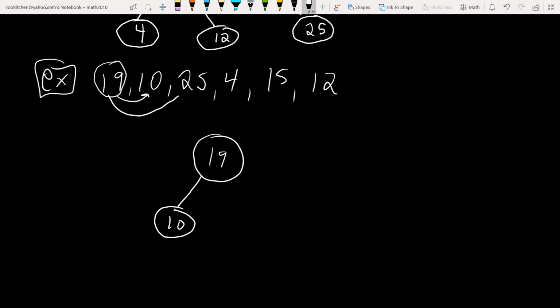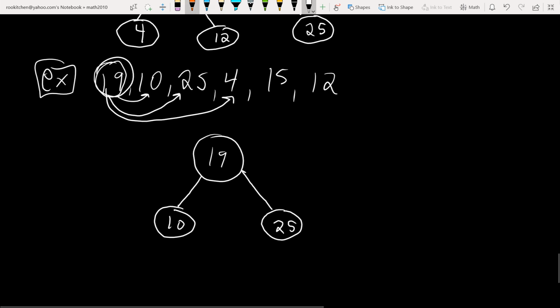Compare 19 to 25. 25 is greater than 19, so I'm going to the right. There's no vertex there. Nodes and vertices, I call them the same thing. So I put 25 there and I'm done, so I jump back to 19 again. Okay, so I compare 19 to 4. 4 is less than 19, so I go to the left.